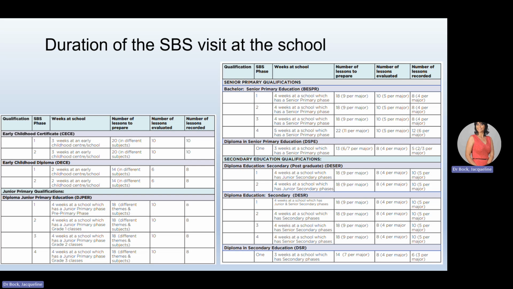So if you see that the lessons being evaluated correspond, there is a part in your study guide where your support teacher will literally award you marks, and those will then be recorded as the lessons evaluated. This is now towards the end of your SPS guide or your SPS workbook.